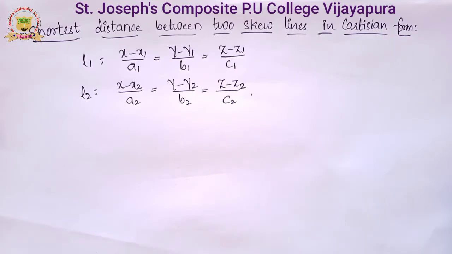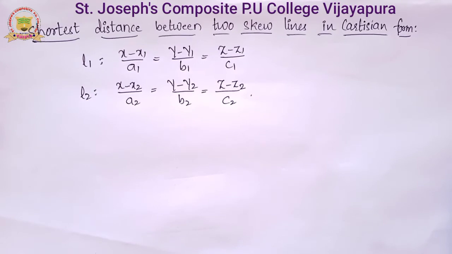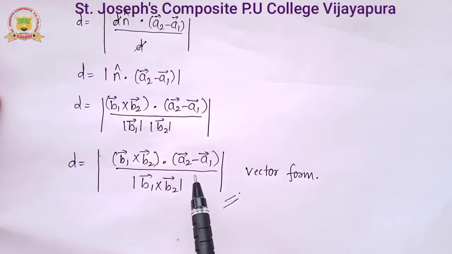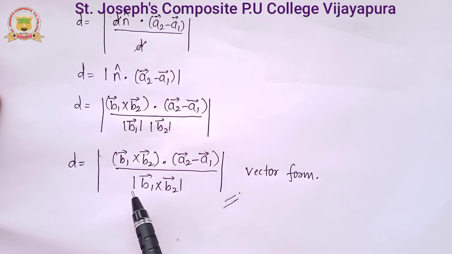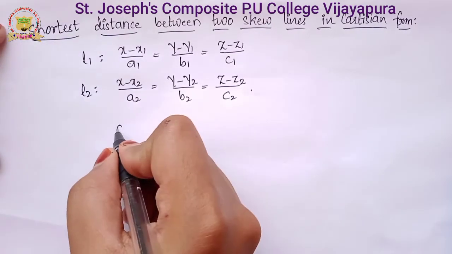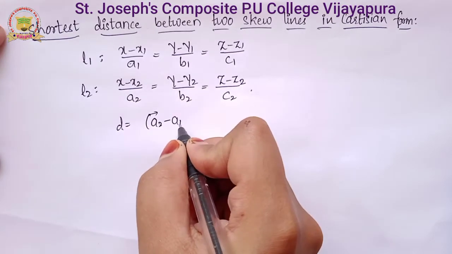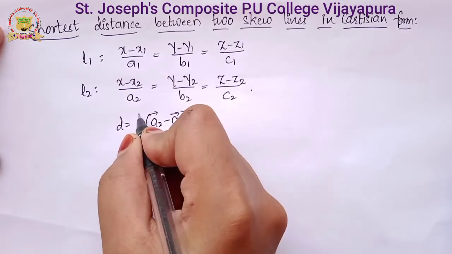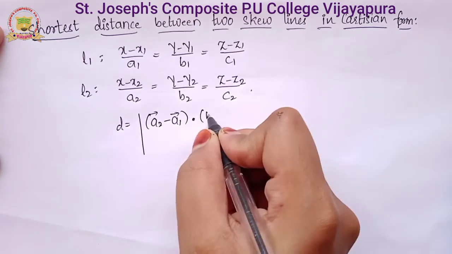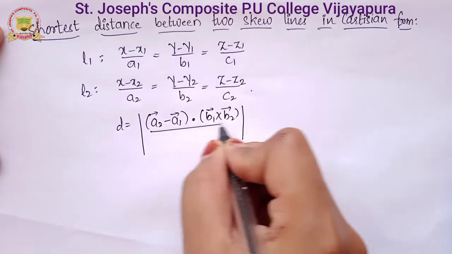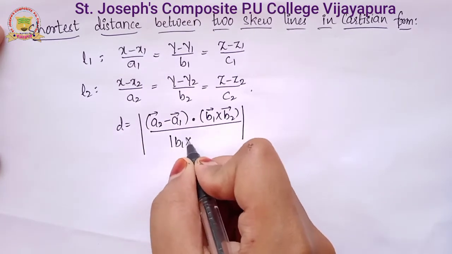So we have the formula, that is D is equal to vector b1 cross b2 dot a2 minus a1, whole divided by magnitude of vector b1 cross vector b2. For vector form, we have the formula D is equal to A2 vector minus A1 vector dot B1 cross B2, divided by magnitude of B1 cross B2.